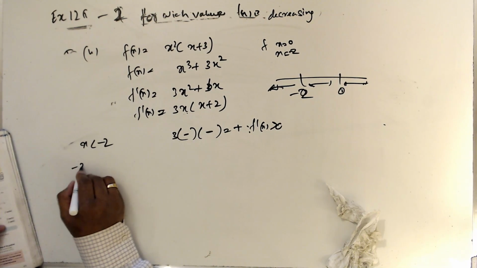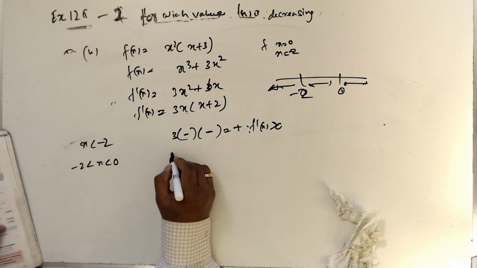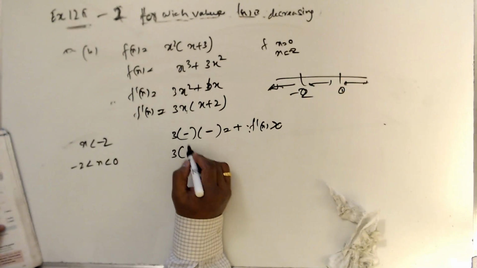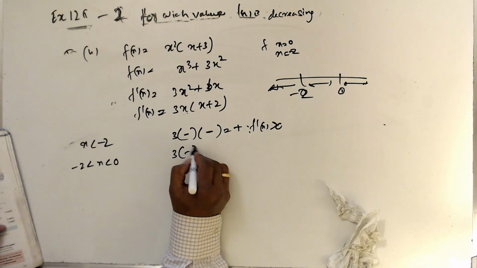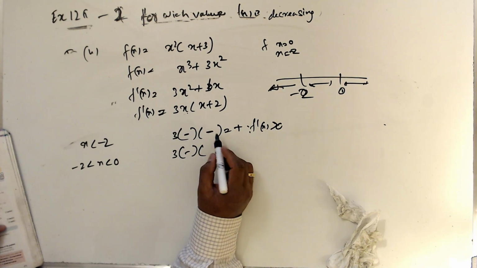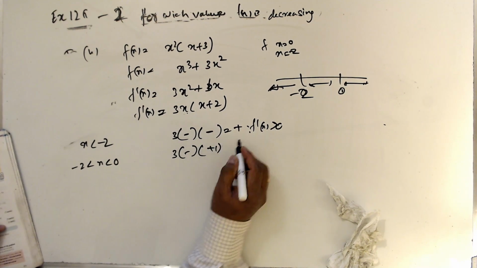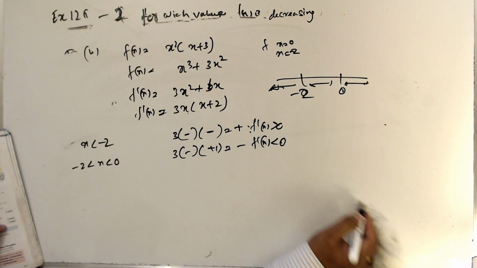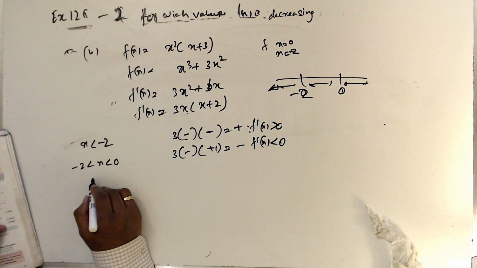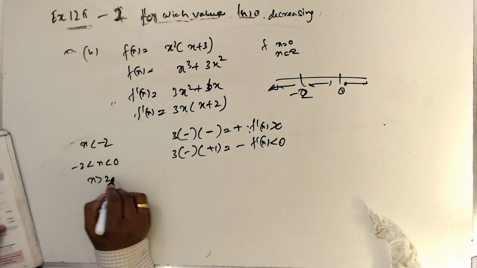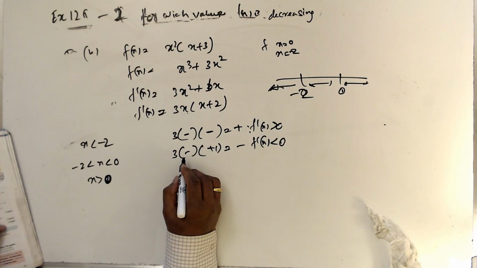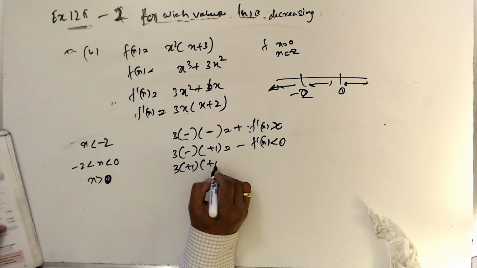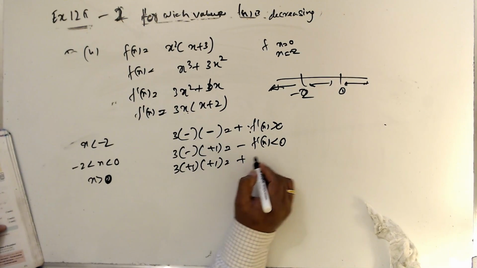Now if we put x between minus 2 and 0, this 3 is as it is, this is going to be minus and this is going to be plus, so this is negative and f dash x is less than 0. And this is x greater than 0, so this 3 is positive, positive and positive.